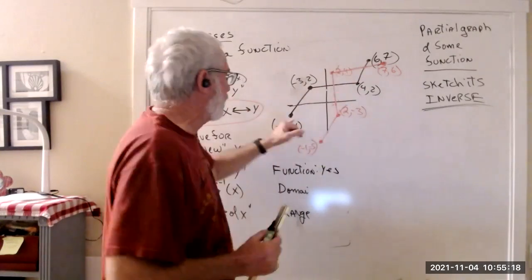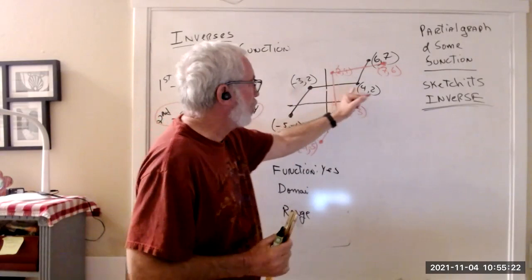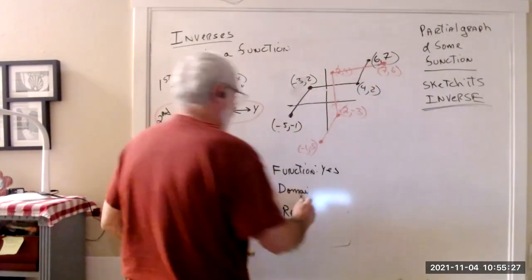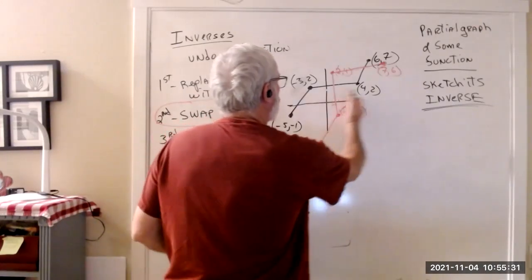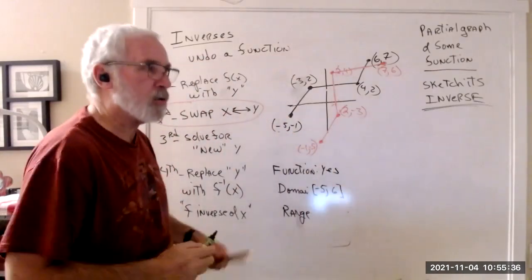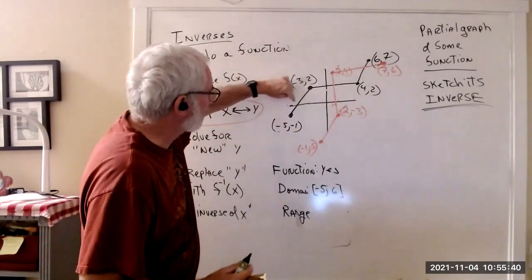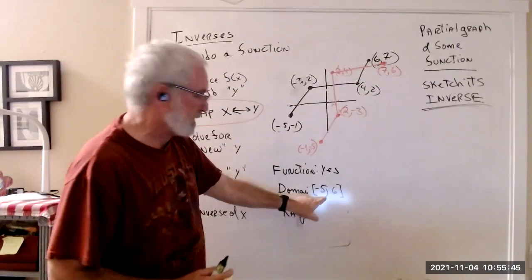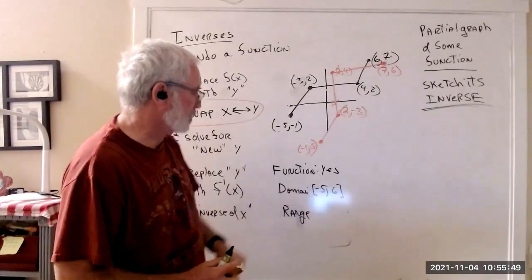The black graph is the endpoints and all the little X's in between. So the domain of the black graph is from -5 all the way up to 6. All possible X's, not just the endpoints, but all the little fractions and decimals in between. Okay, so that's how you have to write that infinite number of values between -5 and 6.